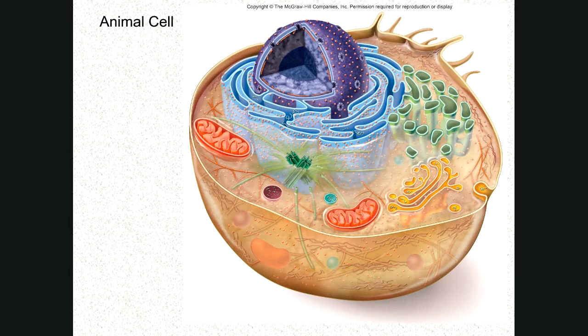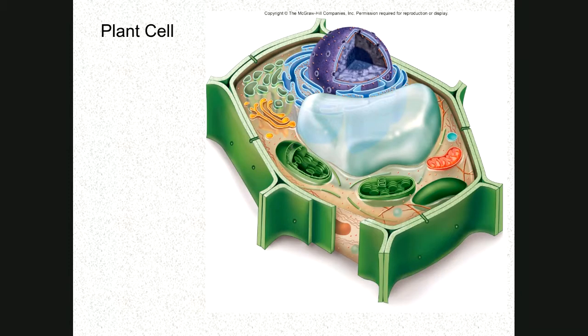And the plant cells have a geometric form, right? It does. And we are going to look at these structures coming from outside to inside. Let's look at it together.